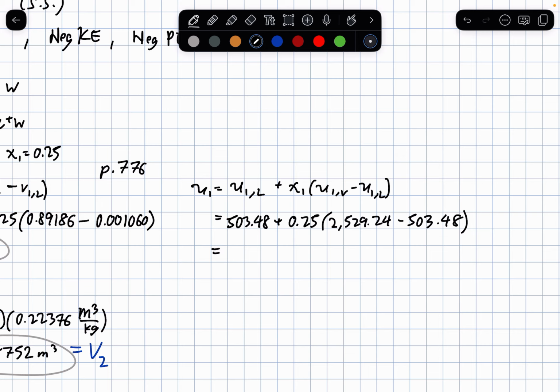Calculate. 1,009.92 kilojoules per kilogram. This is specific internal energy.